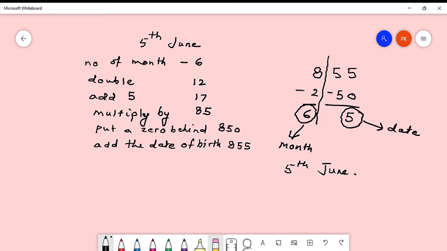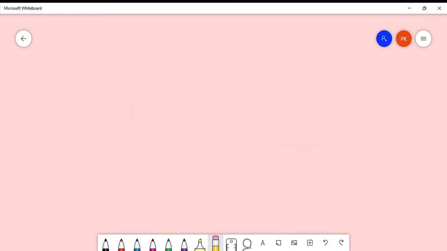I'll show you one more such magic that depends on mathematics, and that is to predict a person's pocket money.